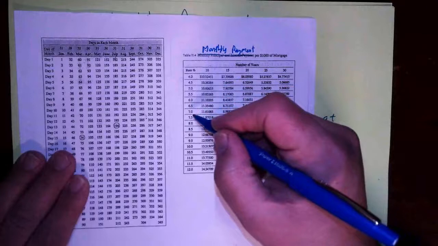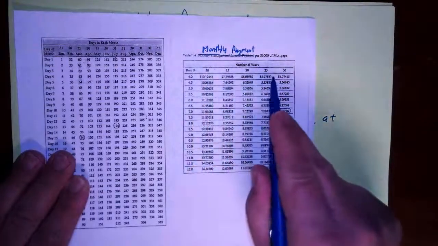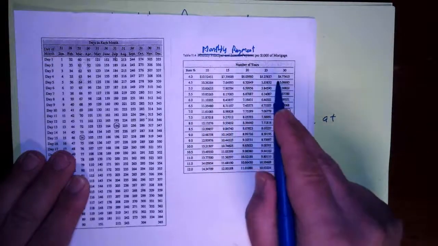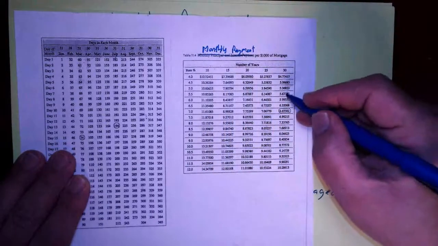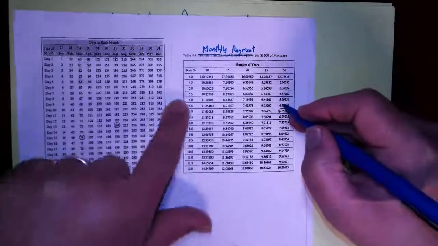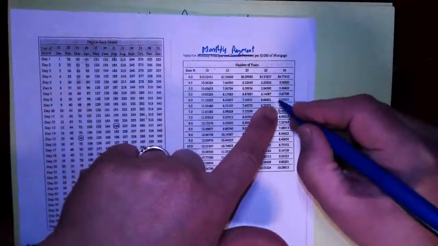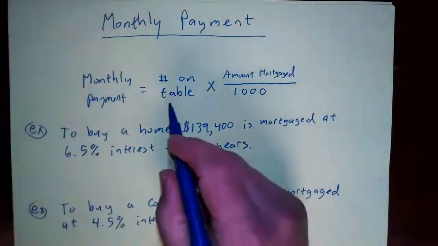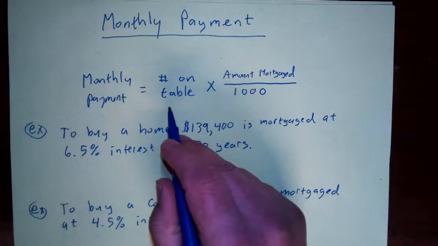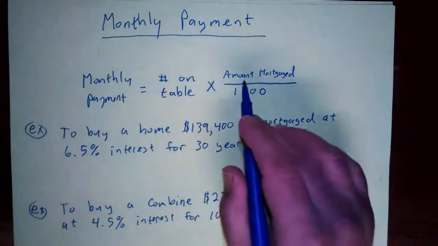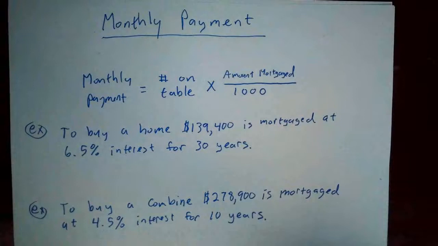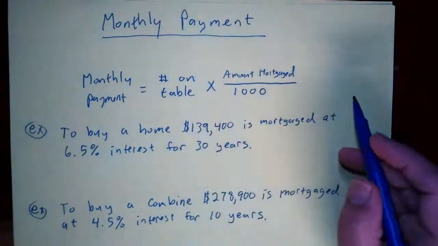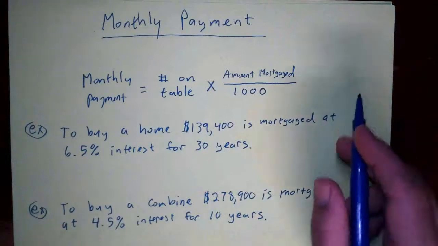Across the top, you go to how many years the mortgage is for. So like a 30-year, 6% mortgage, where that row and that column intersect, you get a number. That's the number on the table. Then you multiply it by the amount mortgaged divided by 1,000, because this number is per $1,000 mortgaged.